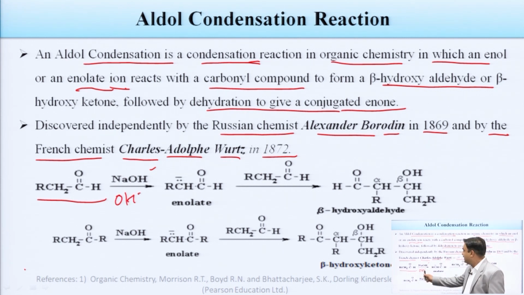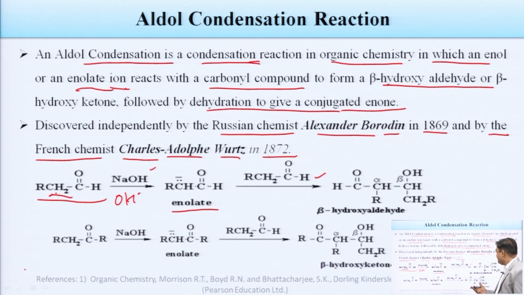That OH minus will abstract a hydrogen from the aldehyde, and you can see it is converted into the enolate ion. Now, that enolate ion reacts with another molecule of the same aldehyde. Here you can see addition occurs, and we get beta hydroxy aldehyde.